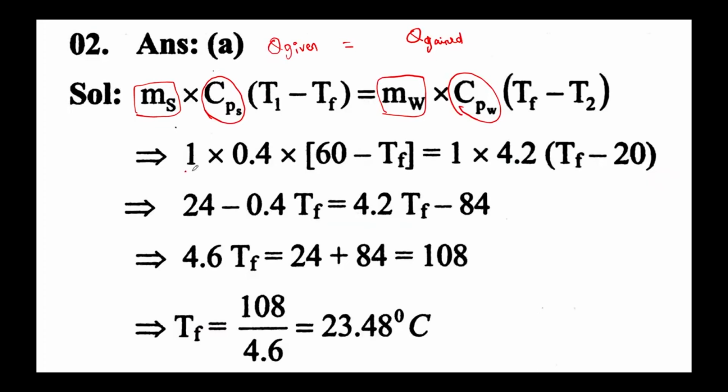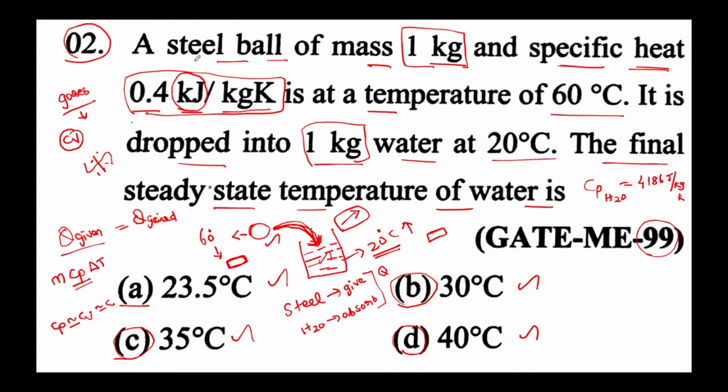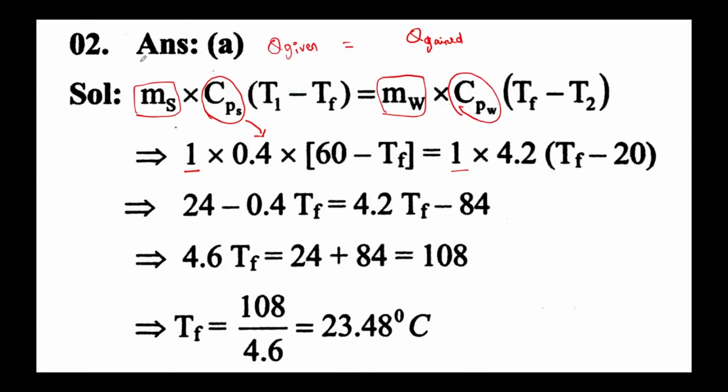So both values are 1, and the Cp value of steel has been given. If you are maintaining dimensional homogeneity, then it is fine. If you are going for kilojoule substitution, then on the other side of the equation you also have to maintain kilojoules. I have said to use 4186 joules per kilogram Kelvin for the Cp value of water. If you use kilojoules, you can go for 4.186 or roughly 4.2.